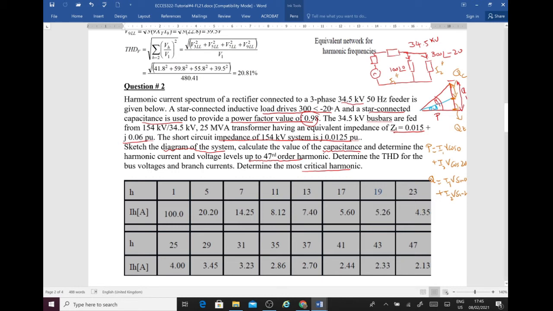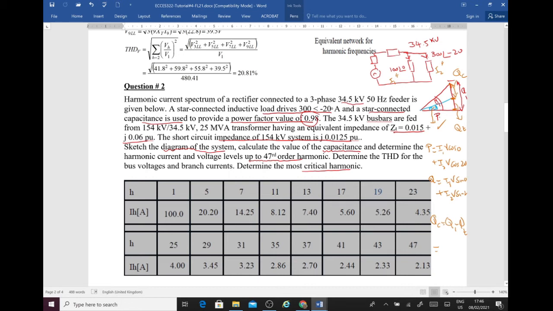And now he told us this angle, so this angle is given to us, right? So we can calculate QC, which will be given as Q1 minus QT. And what is Q?